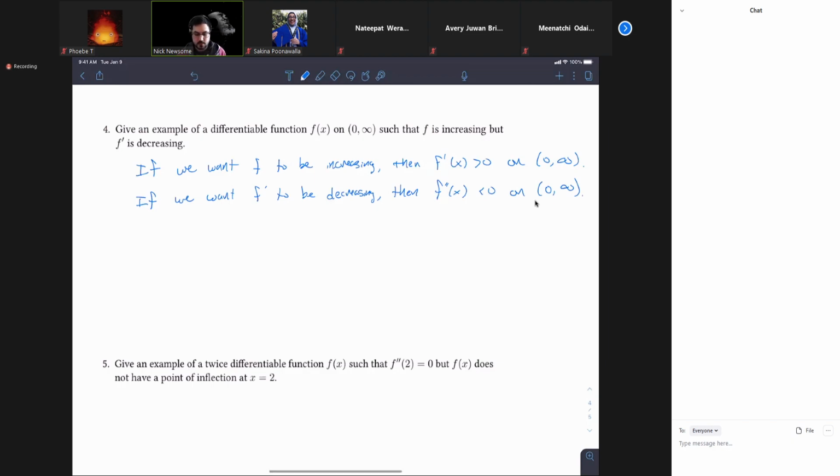Okay, so that's the type of function we are looking for. We want a function whose derivative is always positive on 0 to infinity and whose second derivative is always negative.